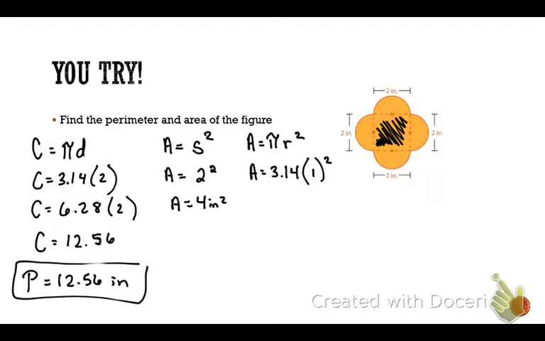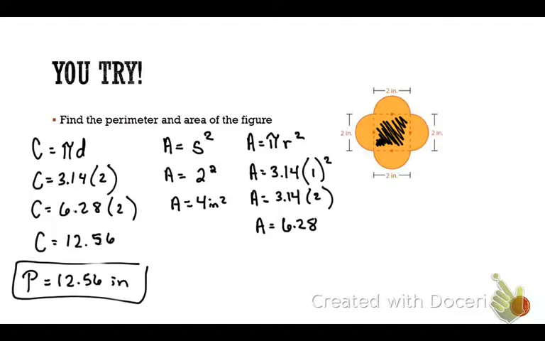So what's 3.14 times 1? 3.14. So at this point, you can divide it by 2 to find a semicircle and then times it by 4, or we can do the same thing we did for perimeter. How many whole circles are there? 2. So do 3.14 times 2 and you'll get the same answer, 6.28.